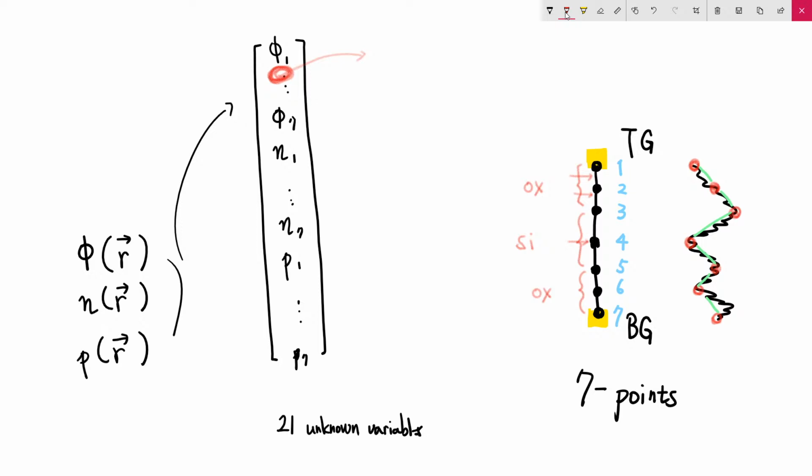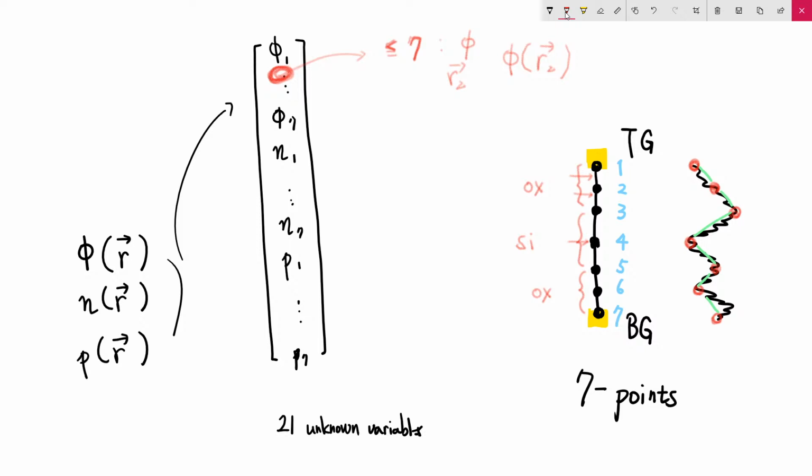And if we have, for example, the second element of this vector, what is it? Since this number is smaller than 7, it can be treated as phi. And number 2 is position 2, so we will call it phi defined at R2.